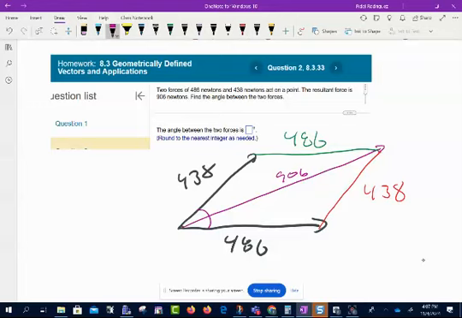Since we're really interested in finding this angle, my friends, if I were to extend this out a little bit like that, this purple angle, we're now in light blue, y'all, would be the same thing as that angle right there. Okay. And the way I can find that angle, y'all, is if we could first find this angle here, then we could find the blue one by subtracting it from 180.